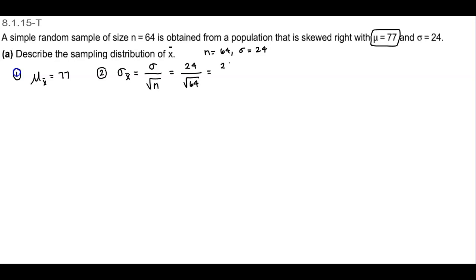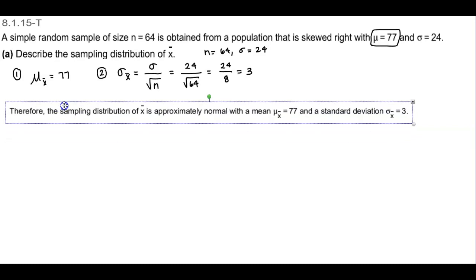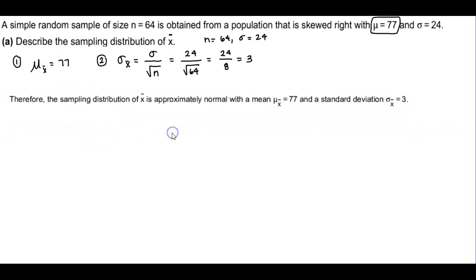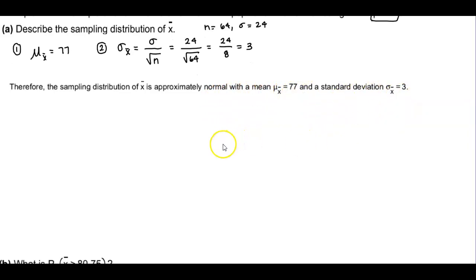This becomes 24 divided by 8, which equals 3. Therefore, the sampling distribution of the sample mean is approximately normal with a mean of the sample means of 77 and a standard deviation of the sample means of 3.